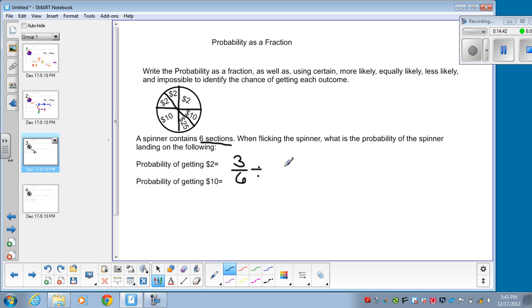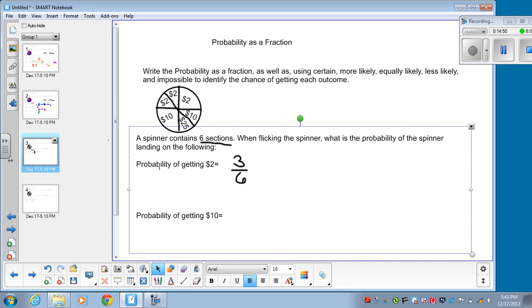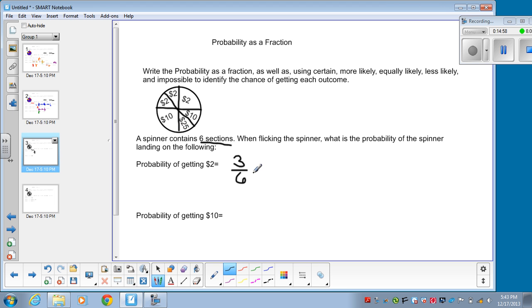Oops, no, we can't simplify, sorry. Okay, so probability of landing on the number 2 is 3/6, or if we divide by 3, 3 divided by 3 is 1, 6 divided by 3 is 2, 1/2.